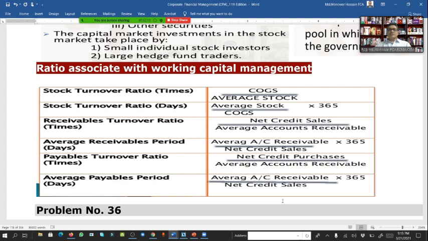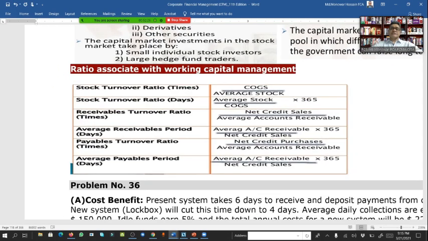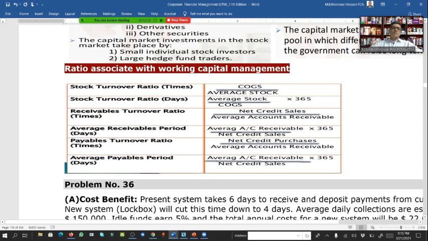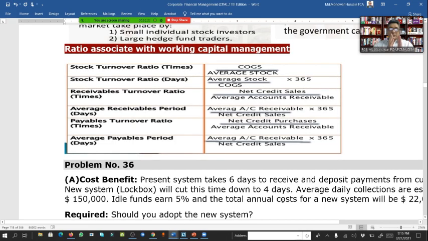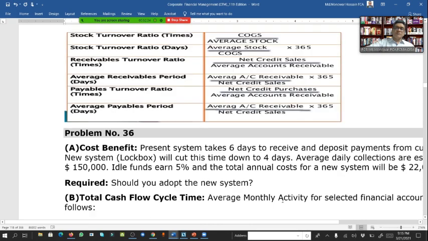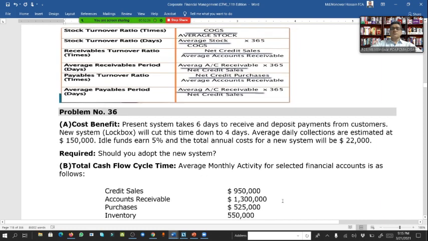And the payable turnover ratio we can calculate as net credit purchases divided by average accounts payable, and the average payable period is average accounts payable divided by net credit purchases multiplied by 360 days. This way, ratios help our working capital management. Sometimes we can see these in our questions also.